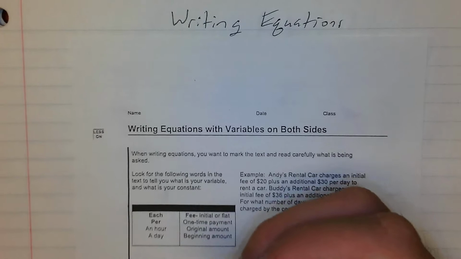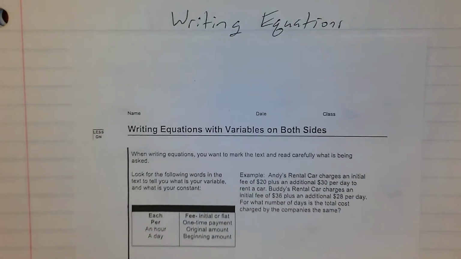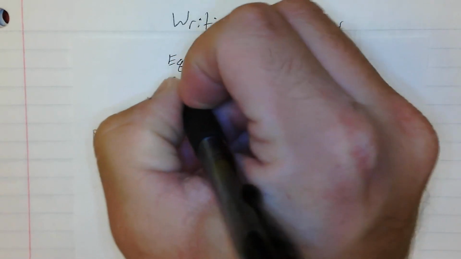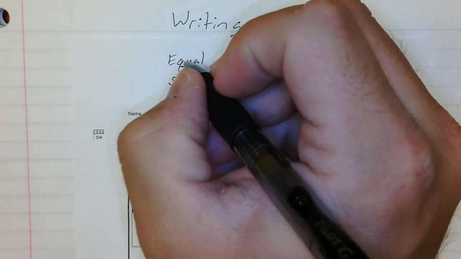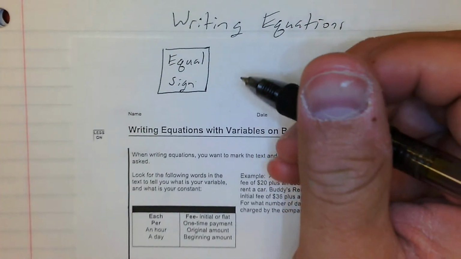Now, a few things we're going to go over first. What I like to do is we're going to talk about words that we're going to see for certain operations. For example, we know to put an equal sign if I see these words. And we're going to box in these words. That means that if I see a box, that's an operation.